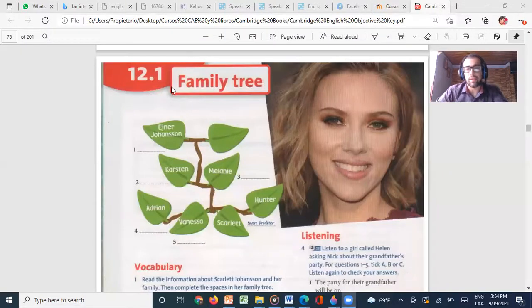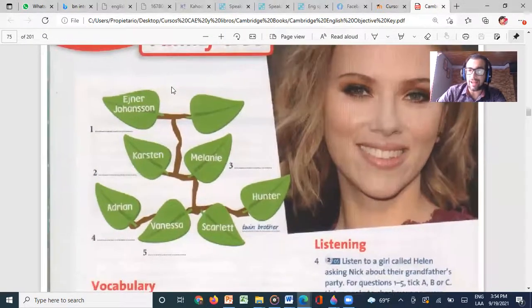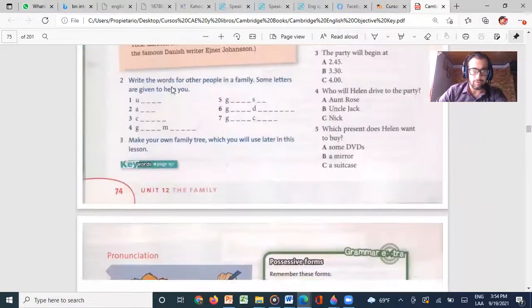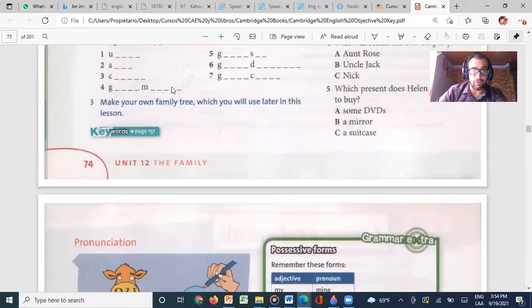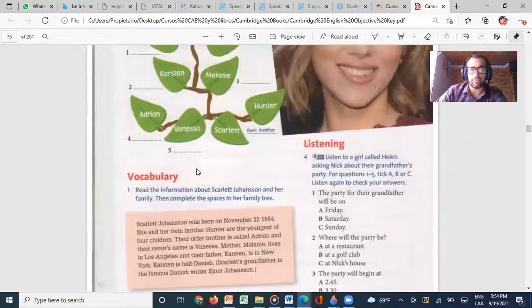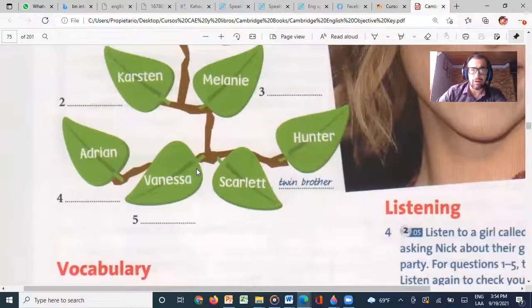Okay, let's continue with our lesson. So let's go to page 74, page 74. Let's go right away to that page, and we're going to start with a family tree, just to practice a little bit of vocabulary. So we're going to practice here.